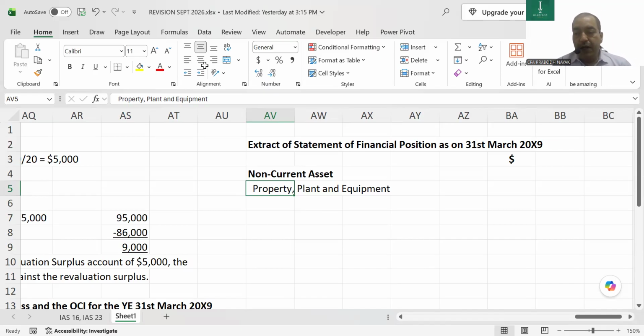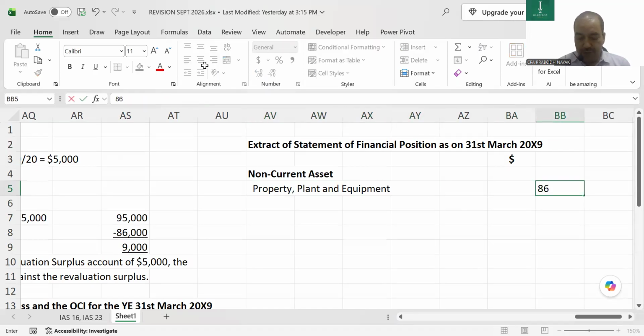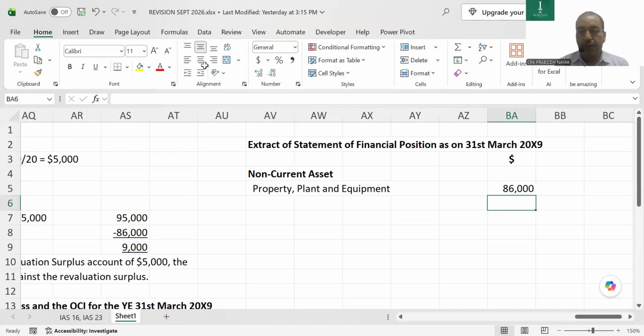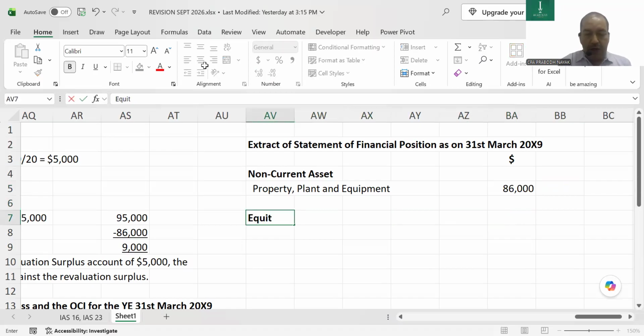So property, plant and equipment, 86,000. No other items are there. I will take equity.